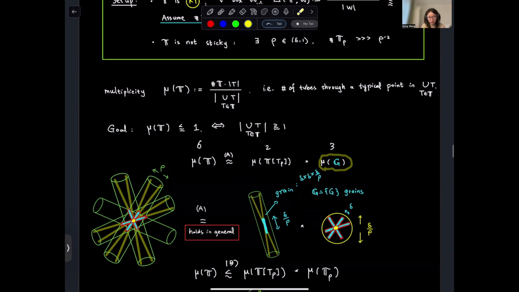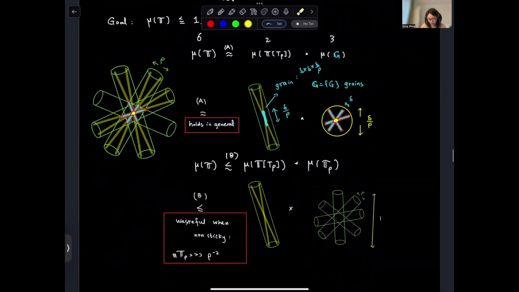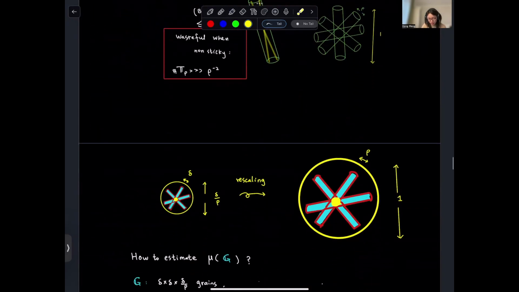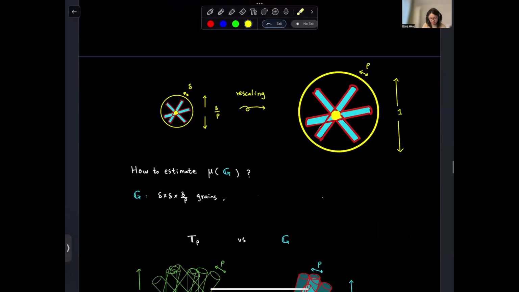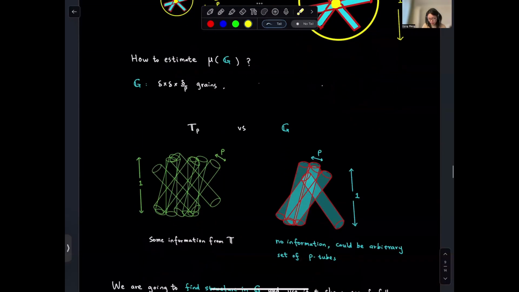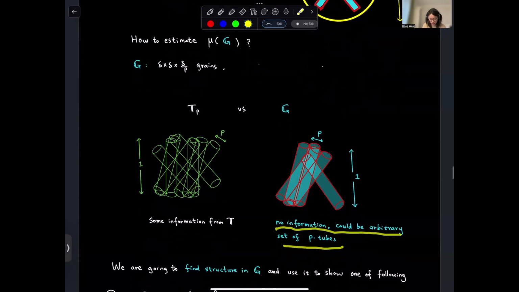This is a really difficult problem because a priori there's no structure on the set of grains. What do we know about them? We know that after rescaling, it becomes a set of rho-tubes. But to estimate the multiplicity, we have no information at all. It could be an arbitrary set of rho-tubes.